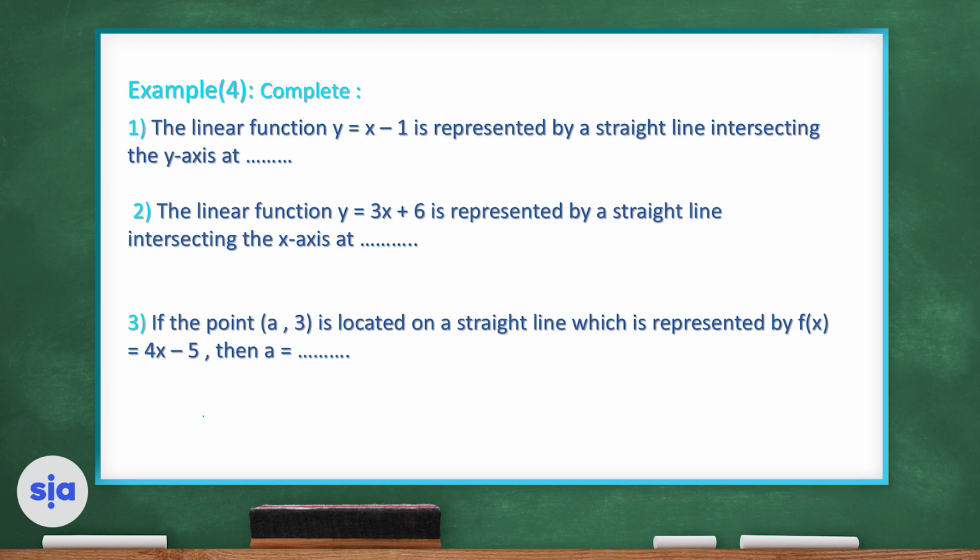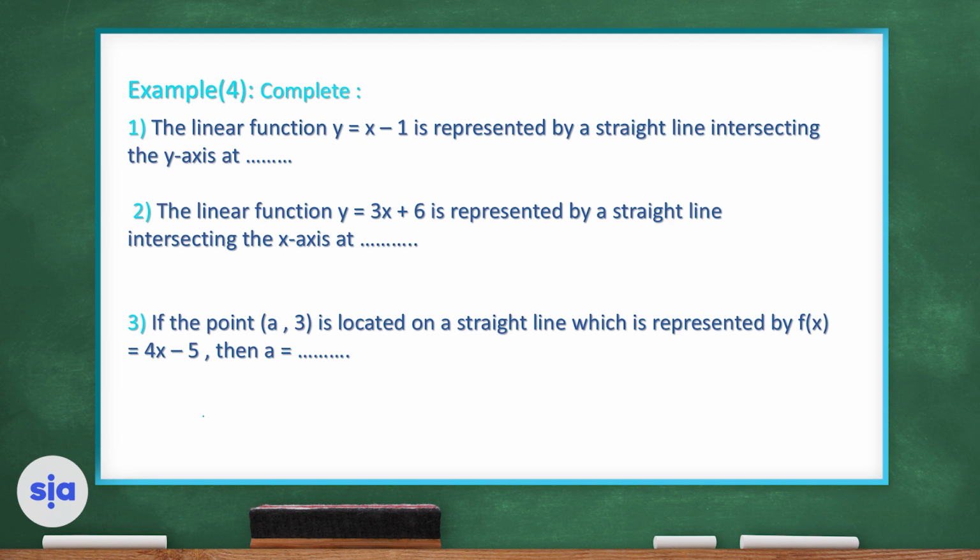Let's go and see example 4, which asks us to complete each of the following sentences. The linear function y equals x minus 1 is represented by a straight line intersecting the y-axis at. When we say intersecting the y-axis, this means that the x value is 0.